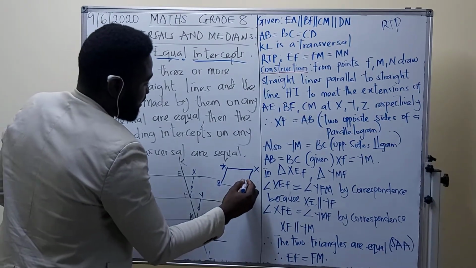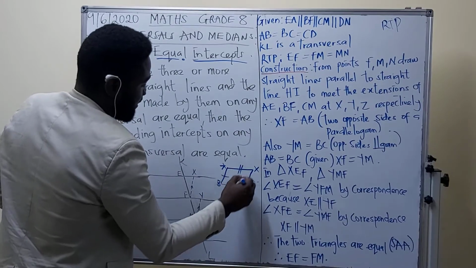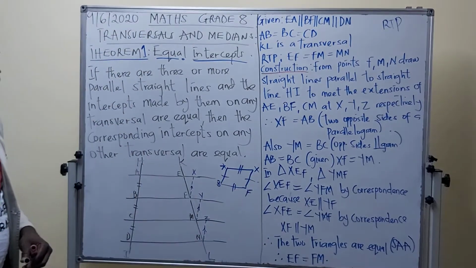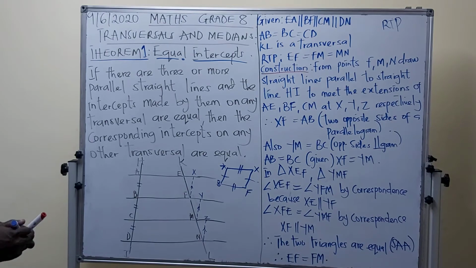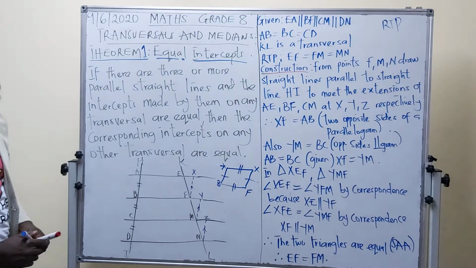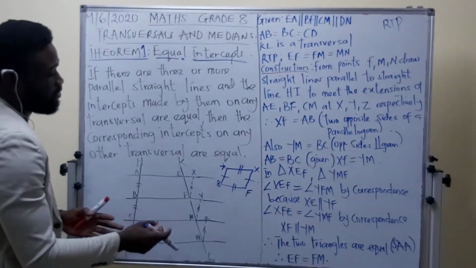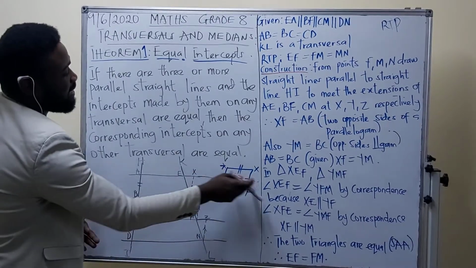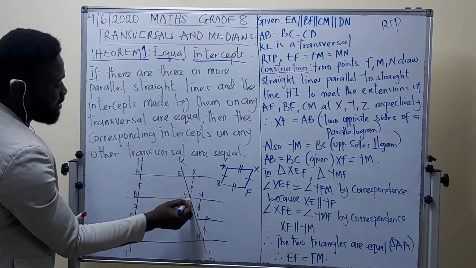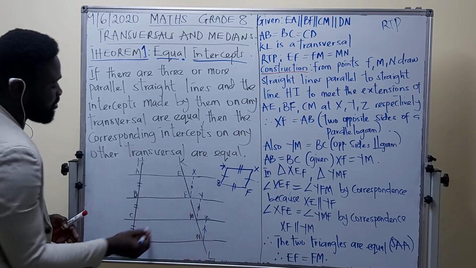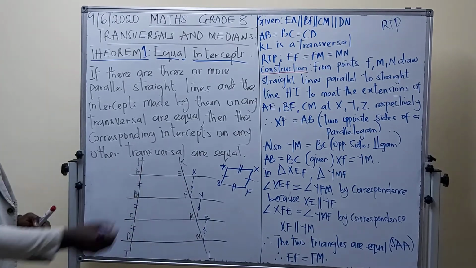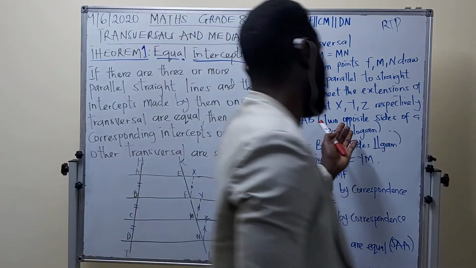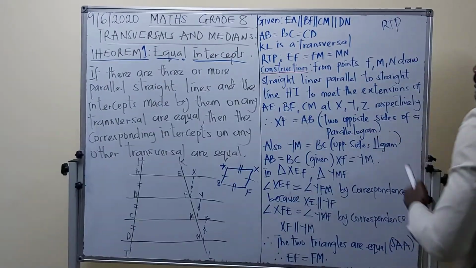It means this is equal to this, and this is equal to this. That is the main relationship, apart from the fact that there are two parallel lines, according to the rule guiding all parallelograms, that two opposite sides are equal. So that is why XF or FX equals AB or BA. Two opposite sides of a parallelogram.